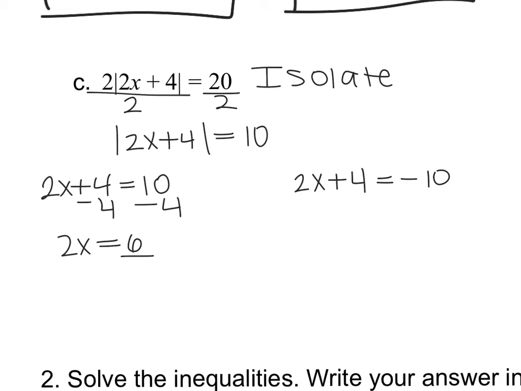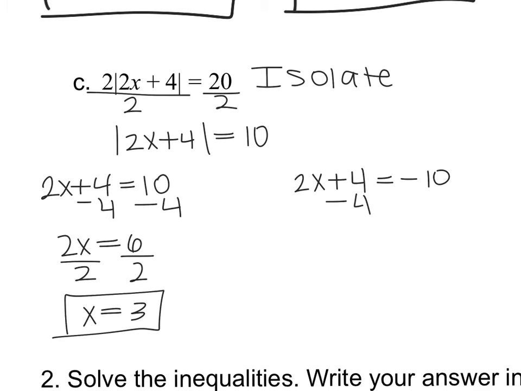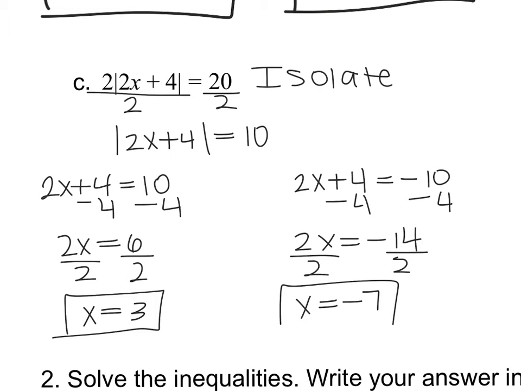Then we're going to divide both sides by 2, and we're going to get x equals 3. Our second equation, we're still going to subtract 4 from both sides, but we end up with 2x equals negative 14, and when we divide both sides by 2, we end up with x equals negative 7.